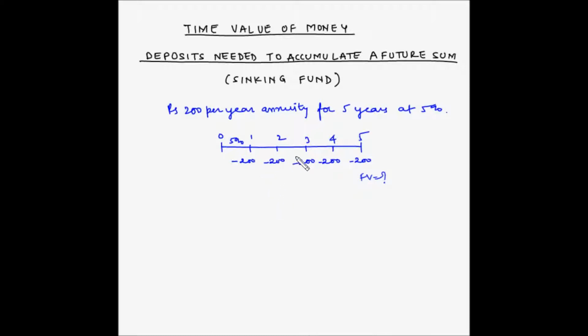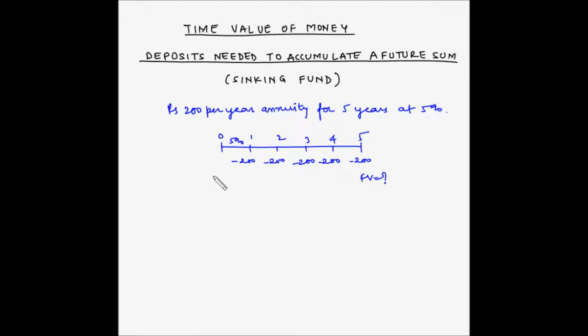So this is a typical case of an annuity where we know the annuity amounts for every year, and we'll find the future value in order to figure out what will be the value of the fund at the end of the tenure. Also, let's consider a case where this is a 200 rupee payment coming into our pocket.